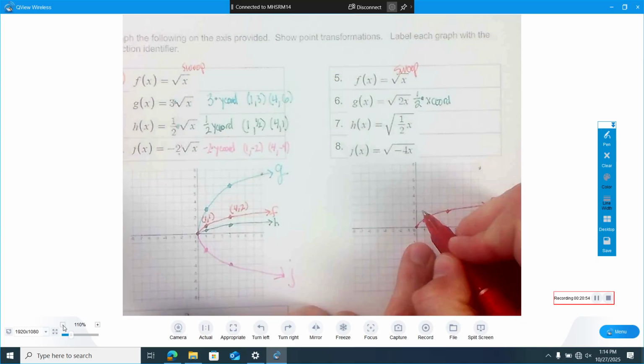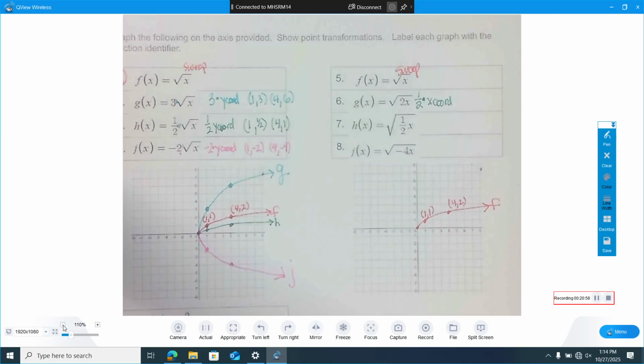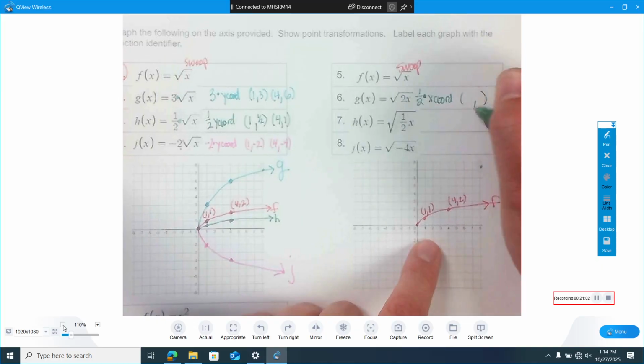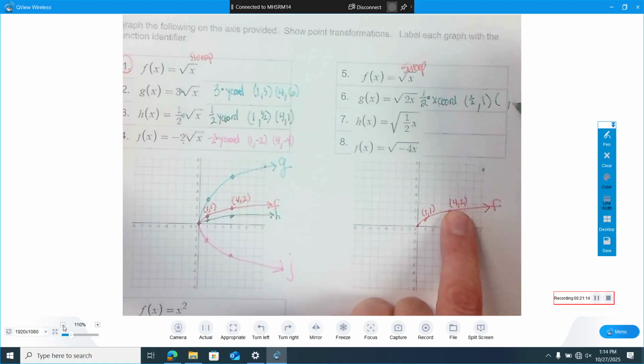So again, I'm starting at the point 1, 1 and the point 4, 2 on my regular curve there. So what do my new points turn into? 1/2 times the x-coordinate. 1/2, 1. And what's the second point? 2, 2. Half of 4 is 2. The y-coordinate stays the same.